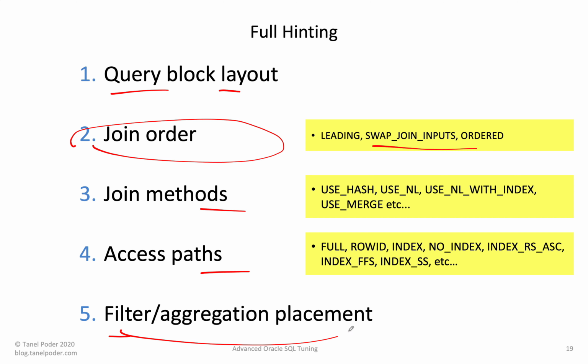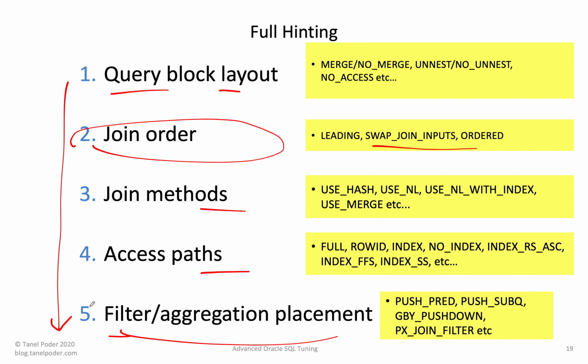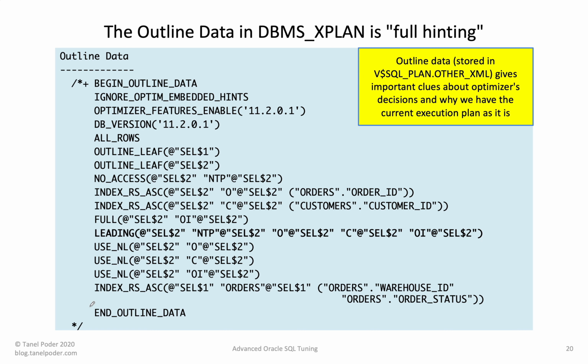So in practice, it's pretty much unrealistic that you take a 300-line query and manually craft all the hints. What is more realistic in these cases is that you run the query, and perhaps you know that the good join order is this.